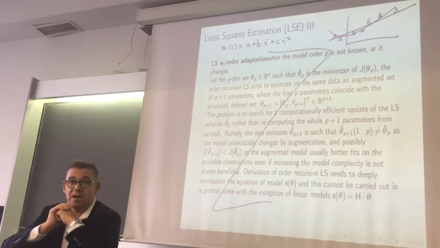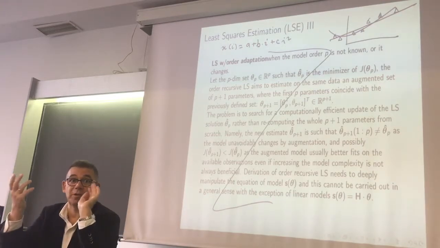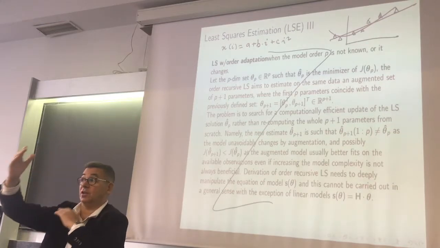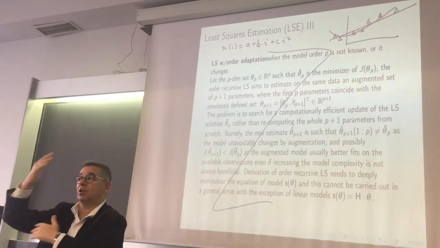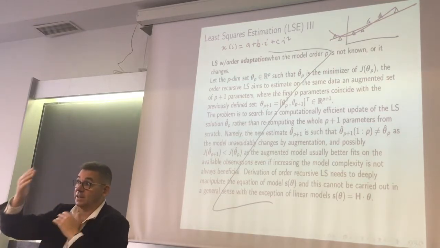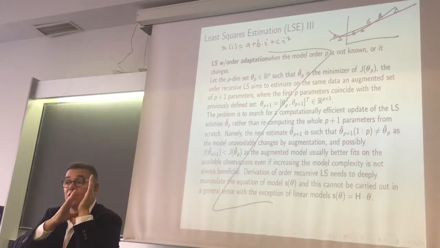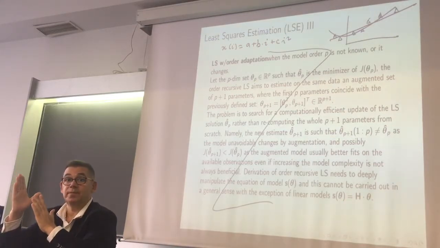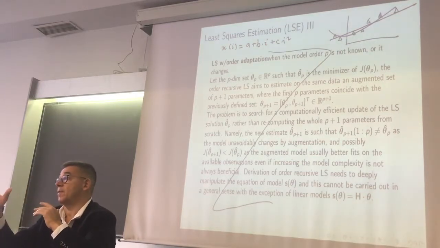Now, you can imagine that this is not just a toy example like linear to quadratic, but imagine it's a filter. So I start with a filter of length 15 and I want to get the coefficients of a filter of length 16. That means I go from 15 samples to 15 plus 1. I'm increasing the number of unknowns by 1.